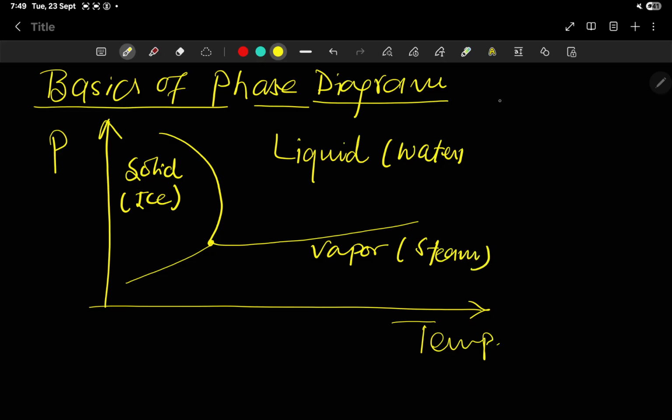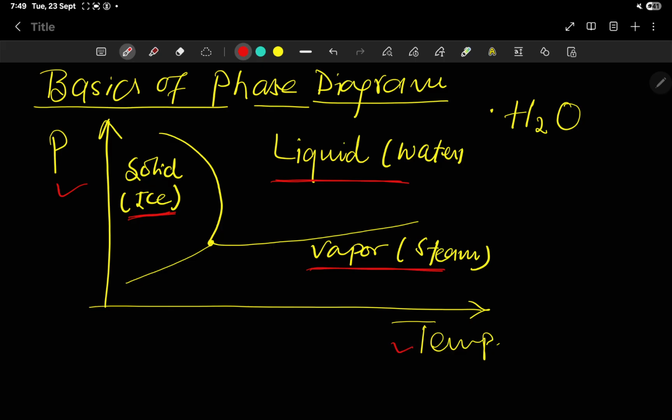So you can see here that we have only one chemical component, that is called H2O. It exists in three different phases. It exists in three different phases with different pressure and temperature combinations.